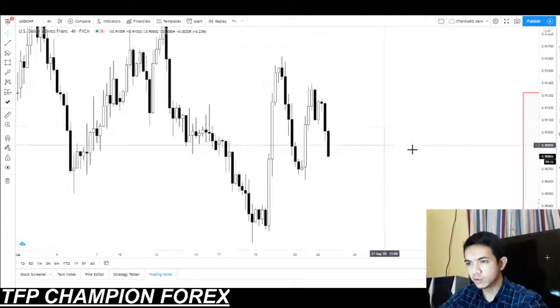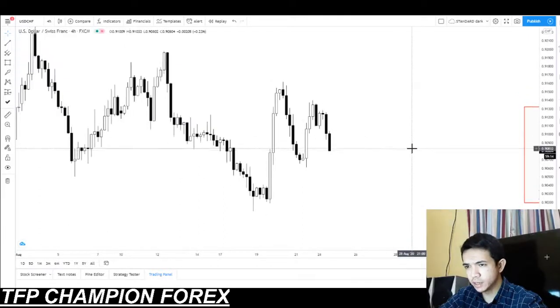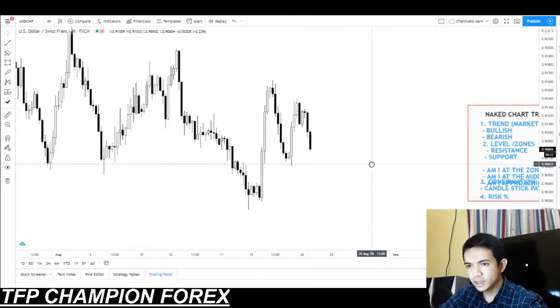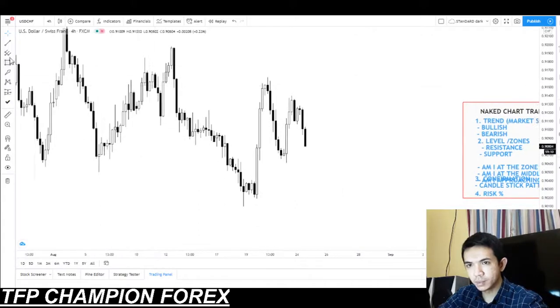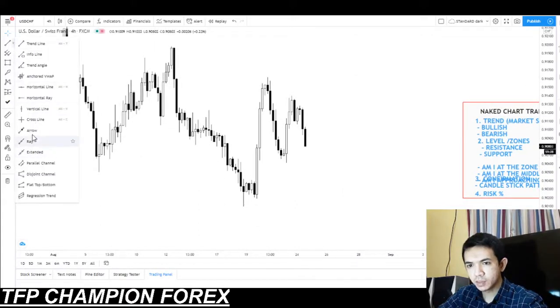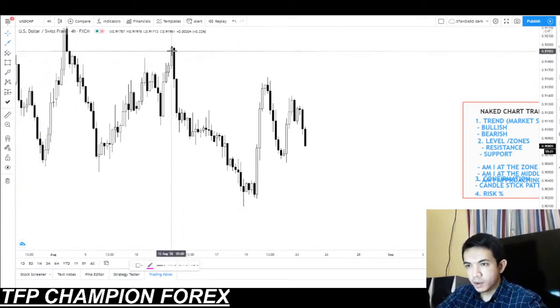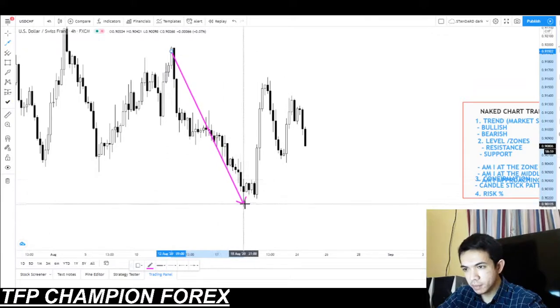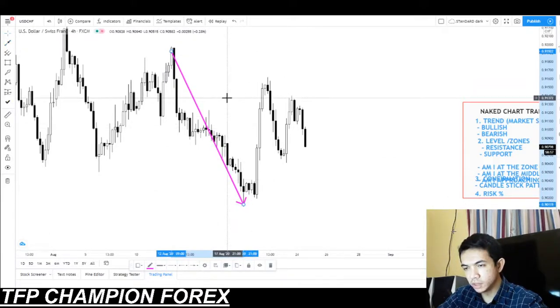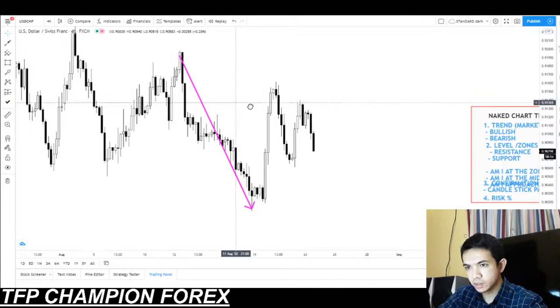If we analyze on a higher time frame scale, we can see that the price moved impulsively in a downward direction, right?